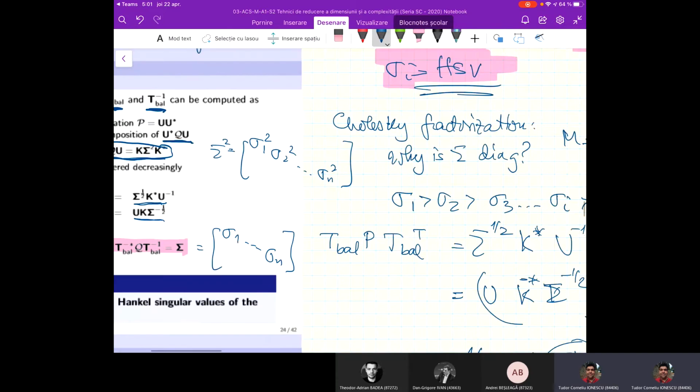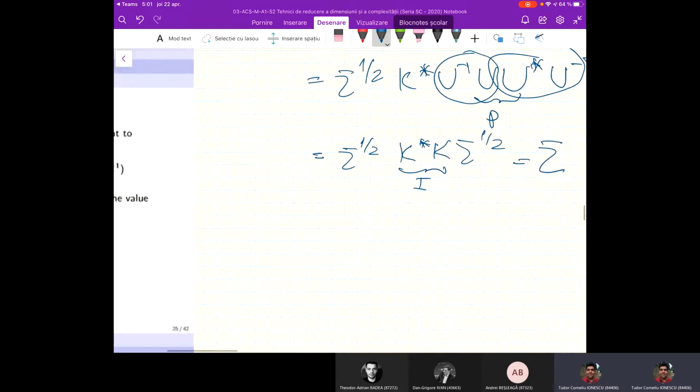So, what is the input effort of state xi? State xi has LC xi. It's xi times LC of xi, because now it's xi sigma element i, xi.